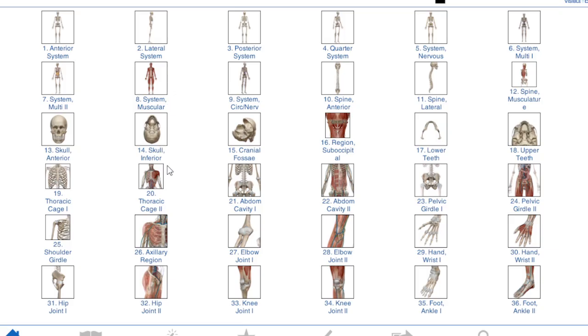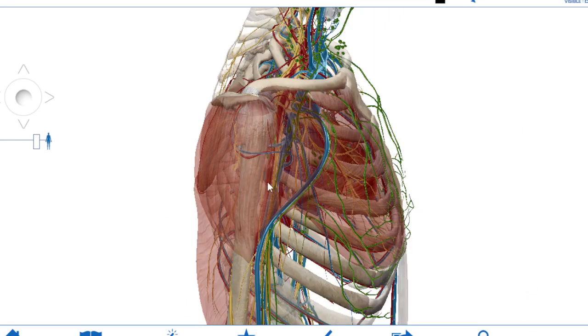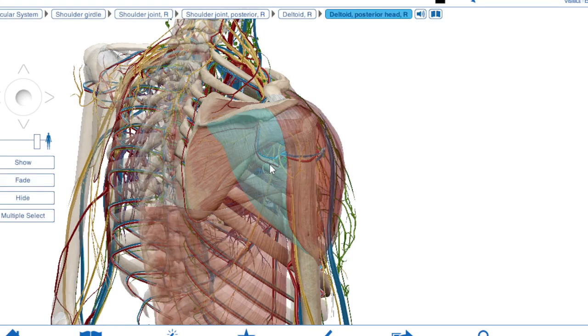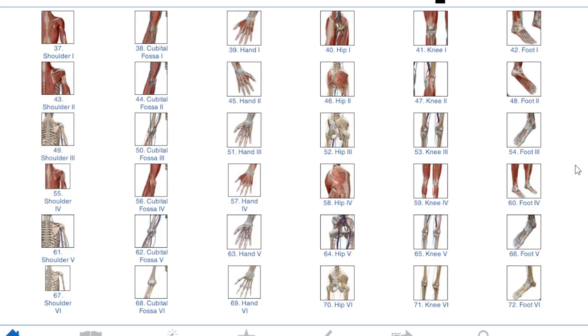Now just going to the upper limb. If you see, just rotate this. All muscles are present, but just remove this. Axilla and what other things.